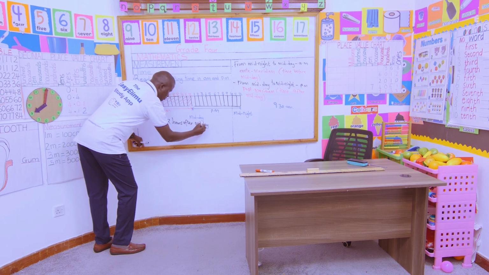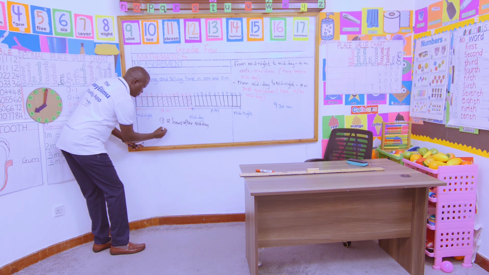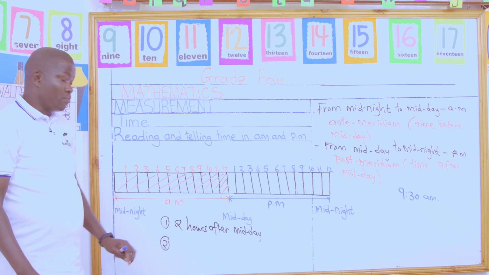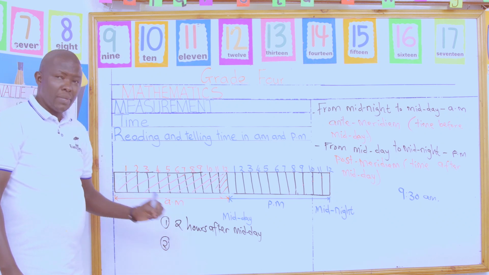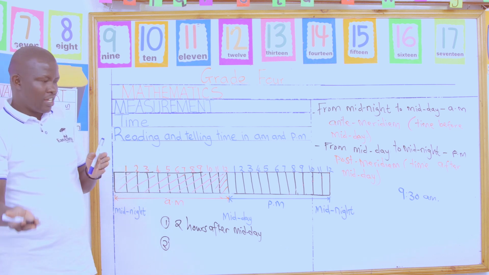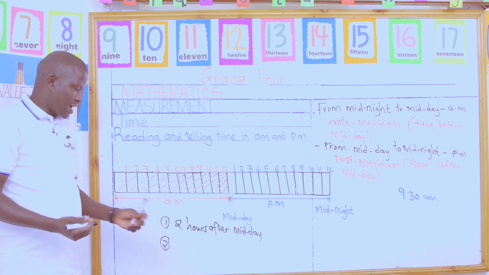Is this AM or PM? We are telling whether it is AM or PM. That is our task number 1. 2 hours after midday. Is it AM or PM? Just write that. AM. If the answer is not AM, write the correct answer.